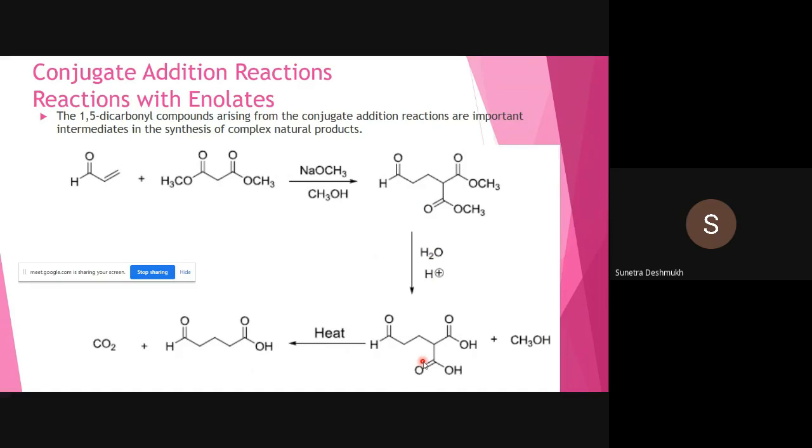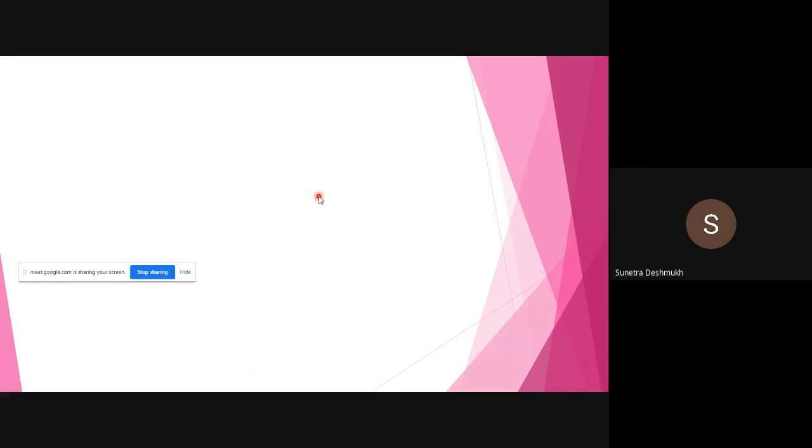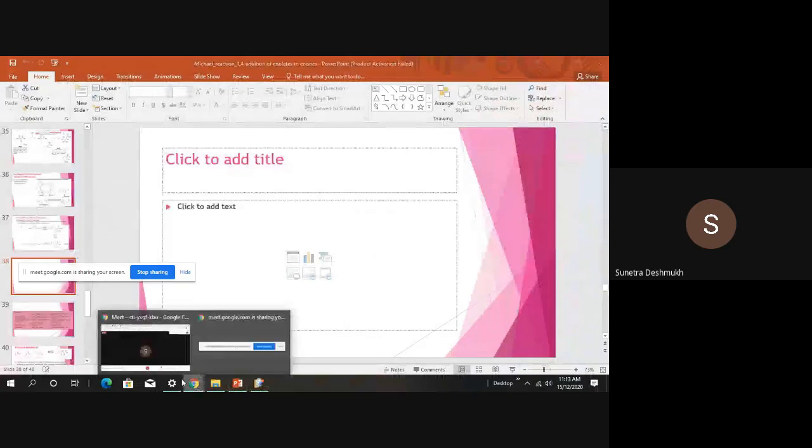Whatever they have got, they did some processing and got an aldehyde plus a carboxylic acid as the final product. So once you get the Michael adduct, you can process it into anything for the next target molecule. This is the beauty of the Michael addition reaction. Hope this will help you.